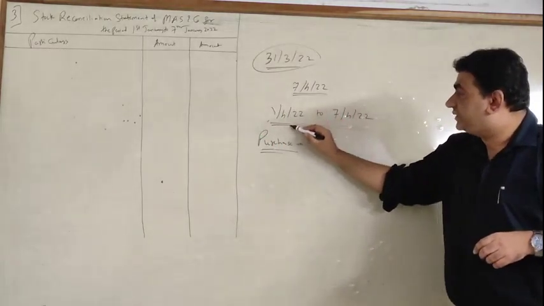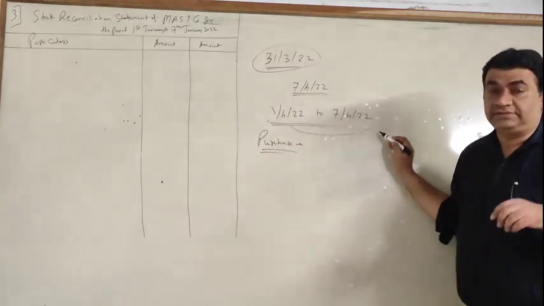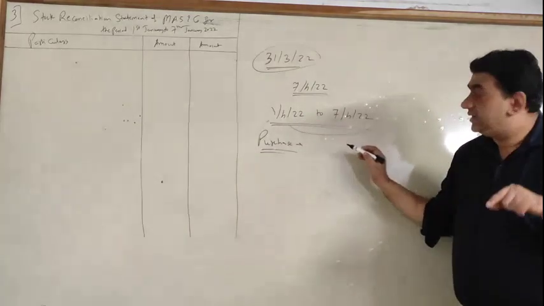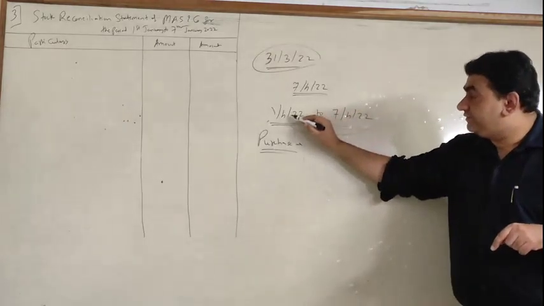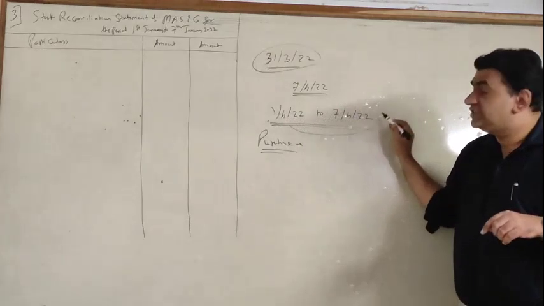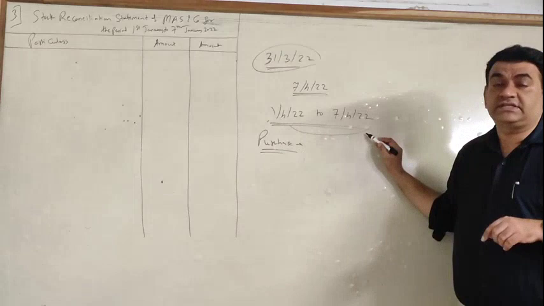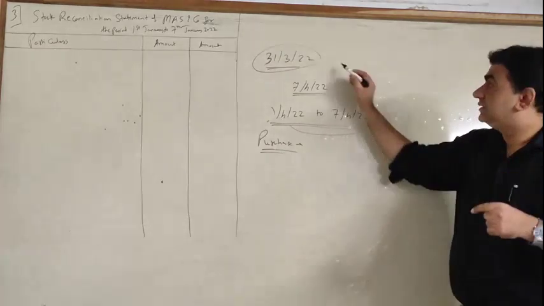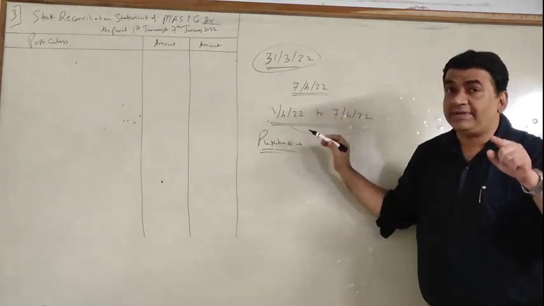Whatever goods I have purchased from 1st April to 7th April, they have come in between 1st April to 7th April. So the stock which is there on 7th April includes this purchase, but I want the stock on 31st March.